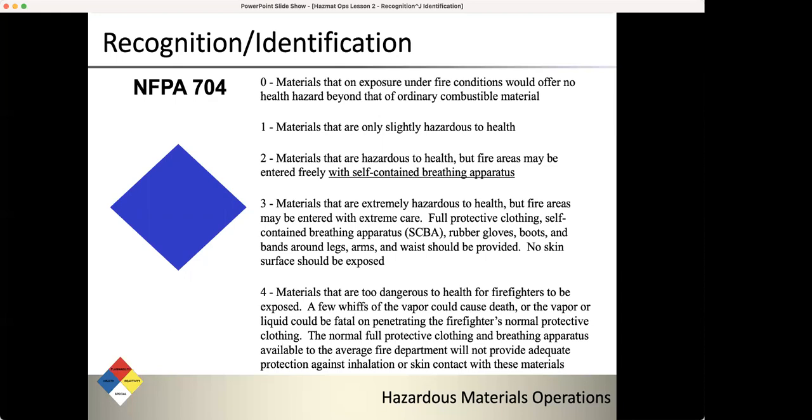A few whiffs of vapor could cause death. You'll need full protective clothing and SCBA to protect against inhalation. So anything in this category over 2, you'll need an SCBA. So that's the idea.